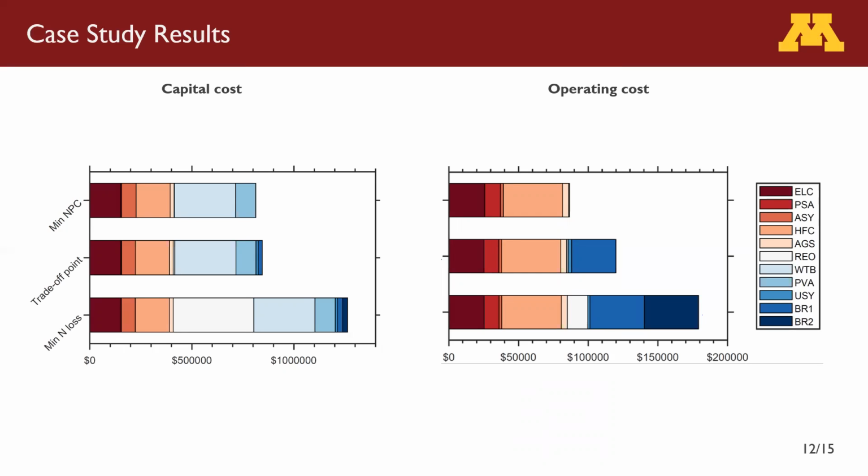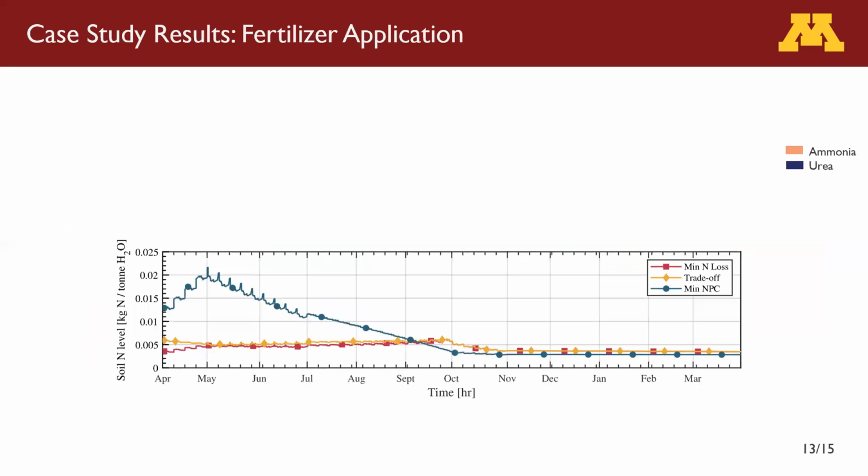The ammonia system related process units and the power generation units are expensive units, but the decisions made on them are similar in all 3 cases. The significant difference is only in the water treatment units. It explains why an 8% increase in net present cost can reduce 57% of nitrogen loss.